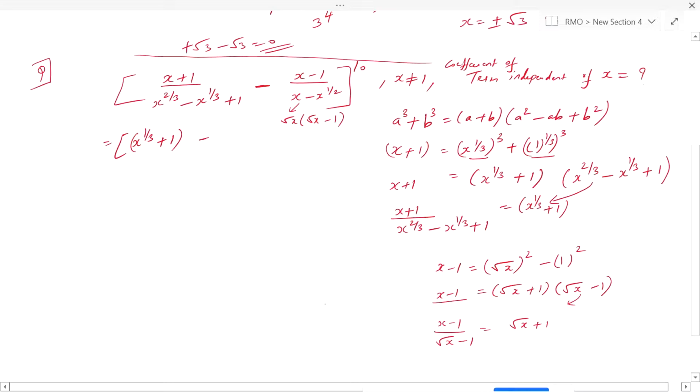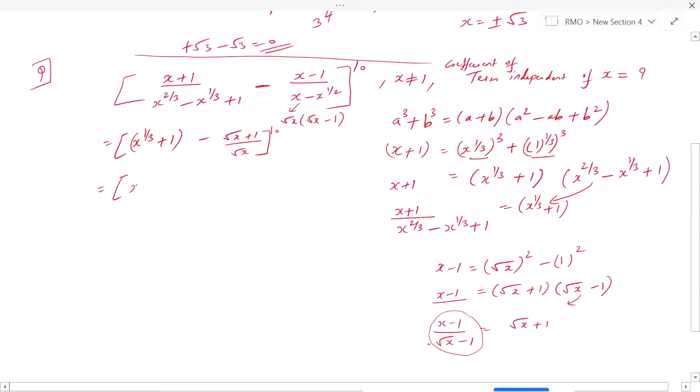But you want root x in the denominator here too, so multiply by 1 by root x. So it's root x plus 1 upon root x raised to 10.